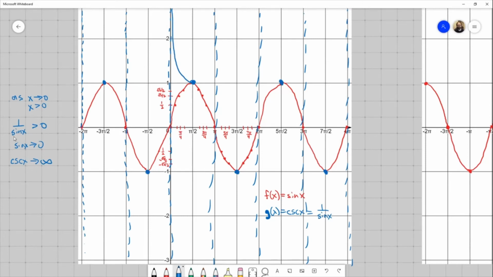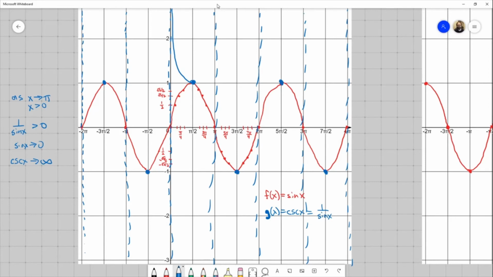Same thing as we get close to pi, continuing on, as x gets closer to pi, sine of x is still positive. That means that 1 over sine of x is still positive. As x gets close to pi, sine of x is getting close to 0, which means the reciprocal is getting very big.